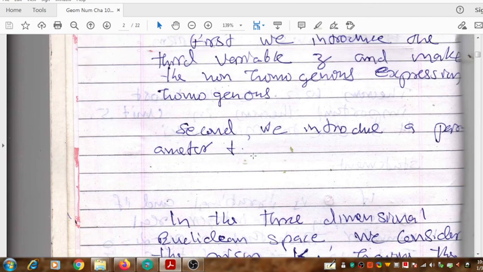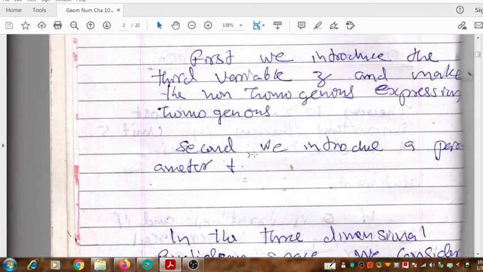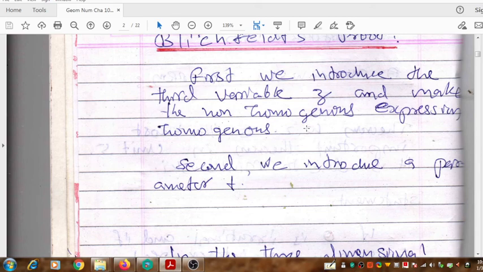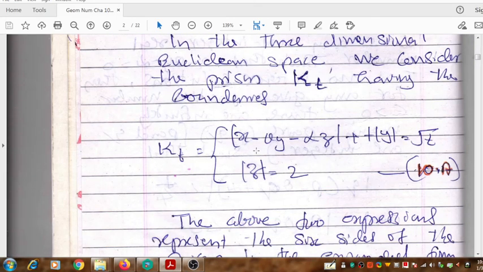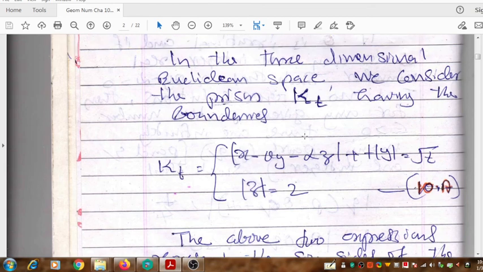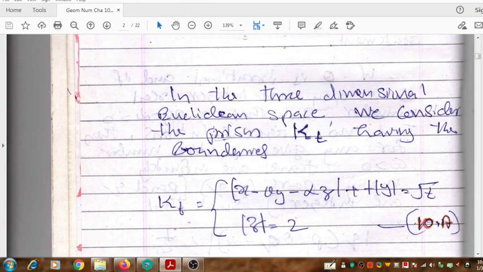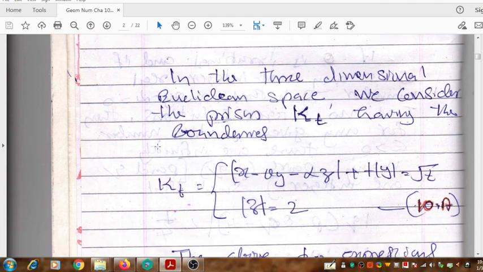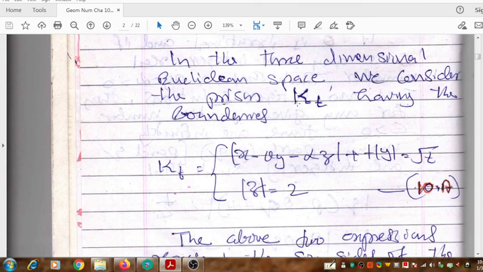The two newly introduced quantities, the third variable z and the parameter t, are used to write the equation of the prism. In the three-dimensional Euclidean space, we consider the prism here.